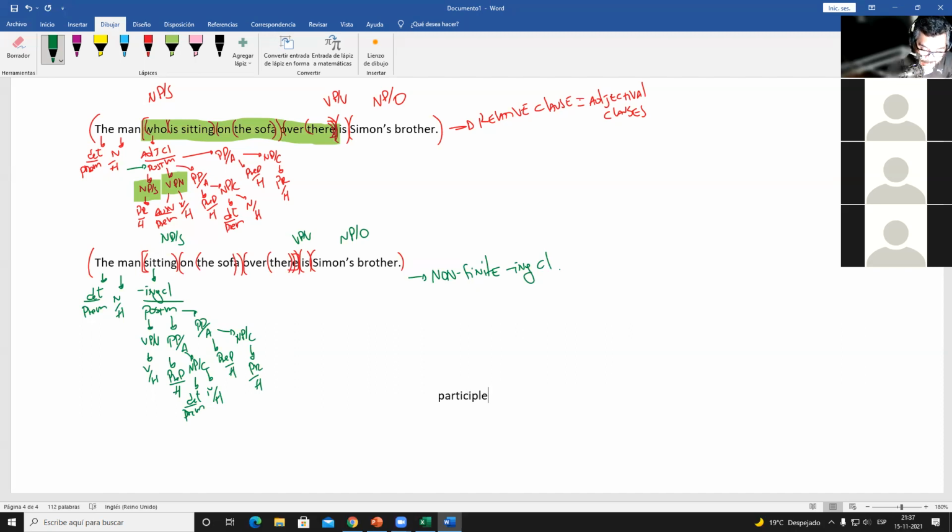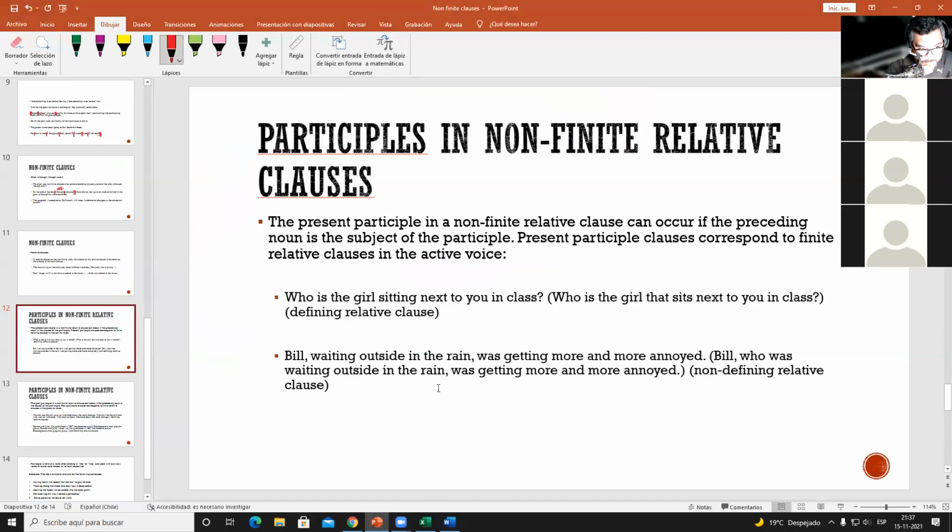You can use them as adjectives or you can use them as verbs, right? The present participle, the ing, in a non-finite relative clause can occur if the preceding noun is the subject of the participle. We already saw that example. Present participle clauses correspond to finite relative clauses in the active voice. Okay, let's forget about that.